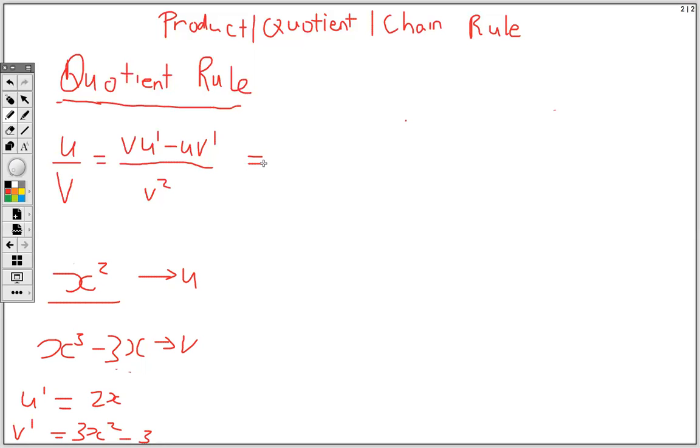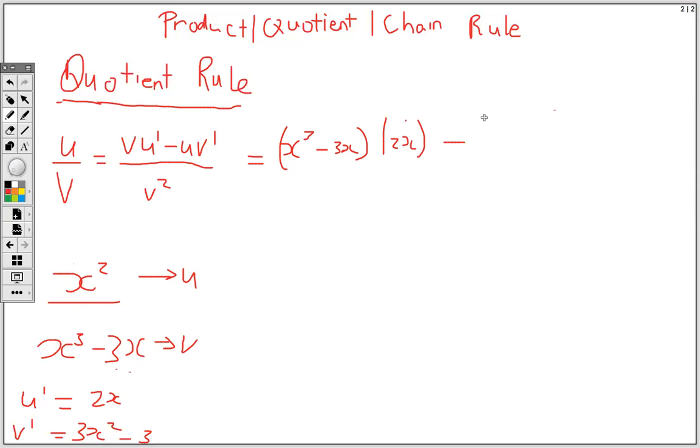Now we're going to substitute into the formula. My v, as stated, is x cubed minus 3x. My u prime is 2x.